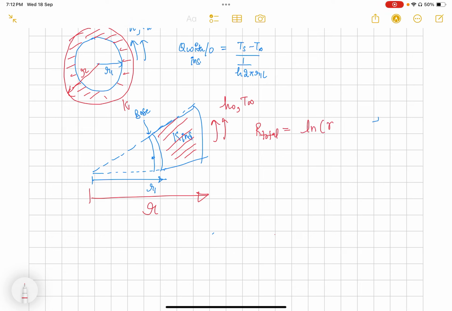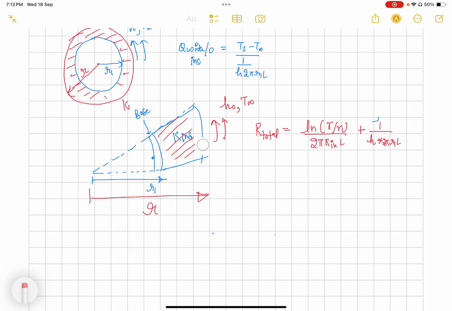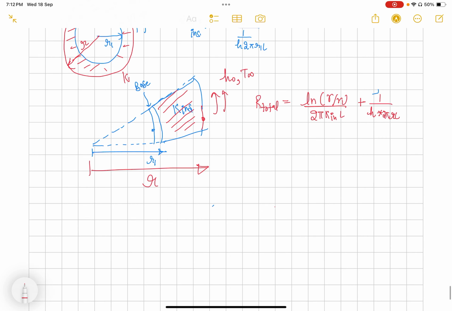Let's write ln R by R1 divided by 2 pi K insulation L, plus 1 by h times 2 pi R L. Sorry, it is R, not R1, since it is the outside surface, from here it is transferring, so it is R times L. So we can see that if we increase the radius of insulation, meaning the thickness of insulation, then ln R by R1 will increase.